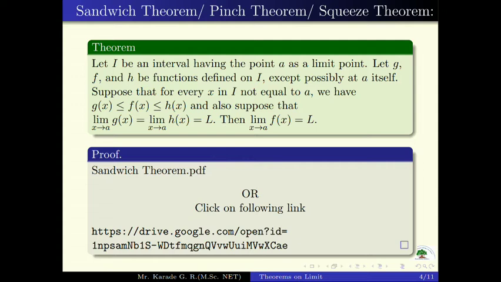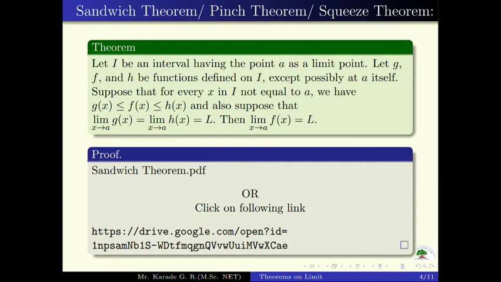Suppose that for every x in I not equal to a, we have f(x) ≥ g(x) and g(x) ≤ h(x), and also suppose that the limit of g(x) as x approaches a is equal to the limit of h(x) as x approaches a is equal to L. Then the limit of f(x) as x approaches a is equal to L. So this is the sandwich theorem.